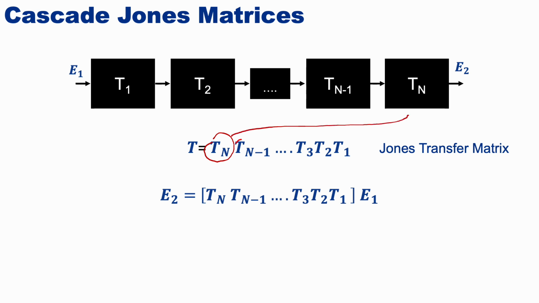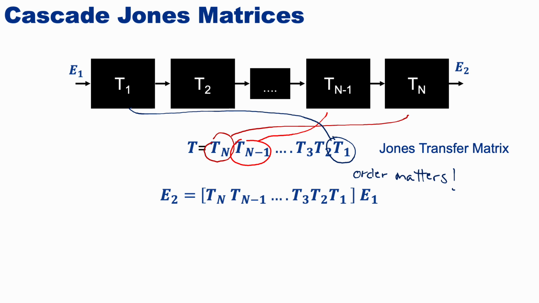So we always need to put the last elements at the beginning, and the first element that the light sees goes as the last one when we do the multiplication of the matrices. But remember, the order matters, because you're going to get completely different results.